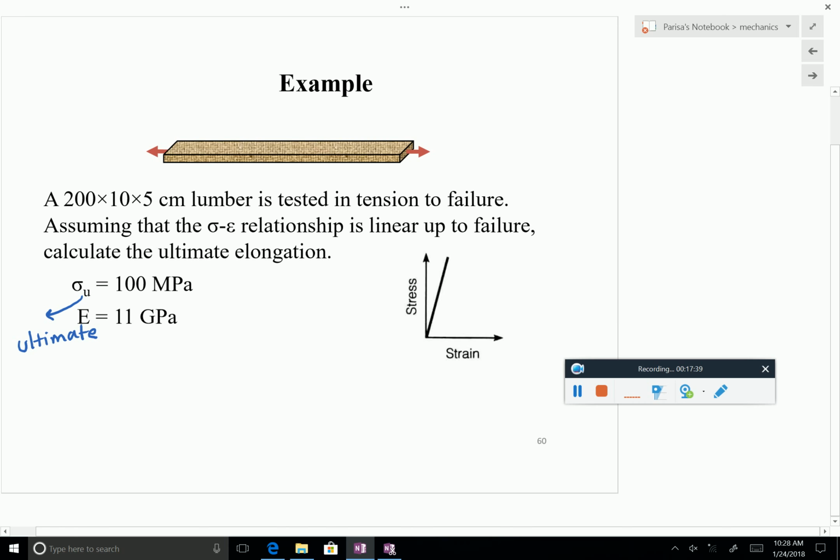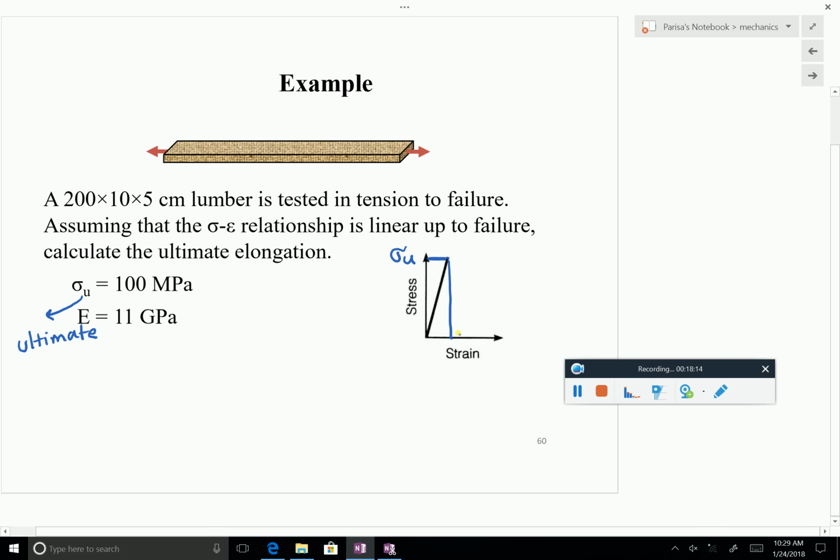Take 30 seconds, solve it. By now you know how these examples work. So the point here is to realize that since the relationship is linear up to failure, actually sigma u, the ultimate strength is right here.